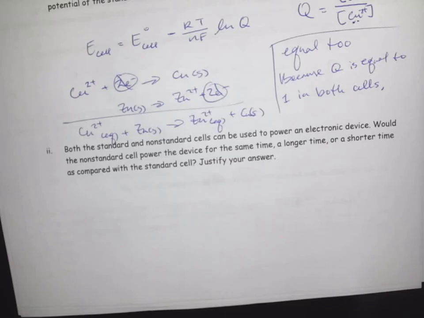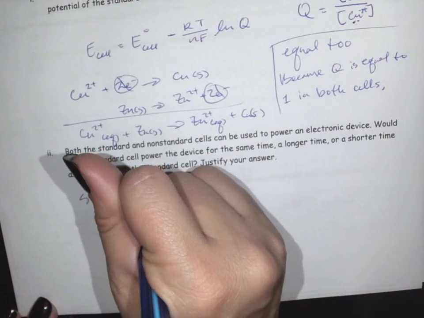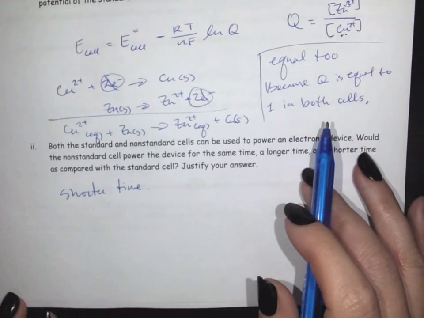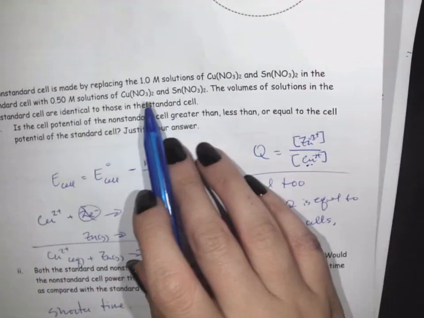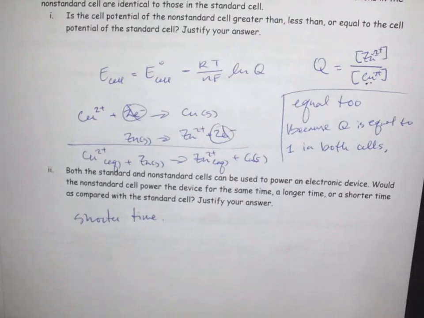Would the non-standard cell power the device for the same time, longer time, or shorter time compared to the standard? Shorter time. The reason why is because the concentration is less. We went from 1 molar to 0.5 molar, so there's simply less of it, so it's not going to run as long.